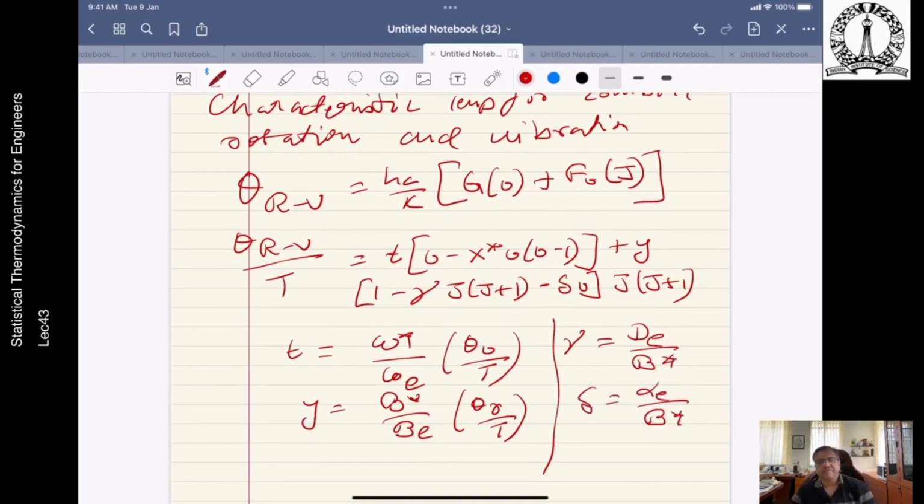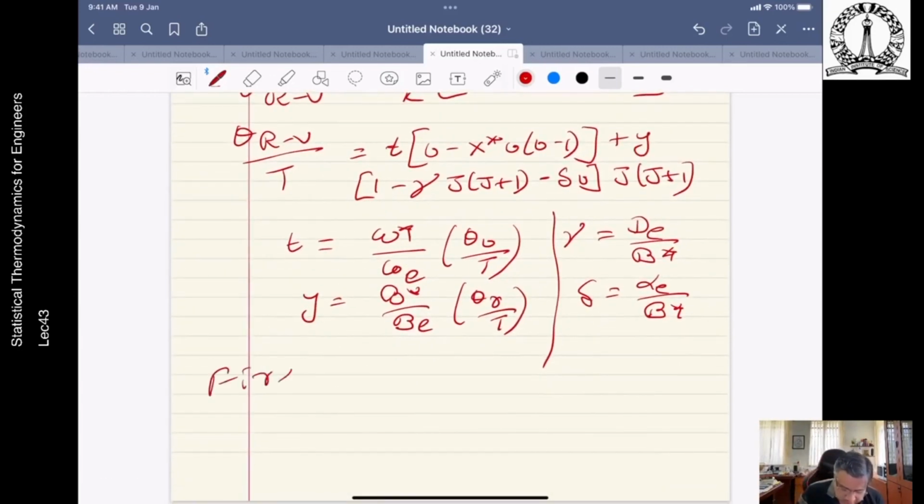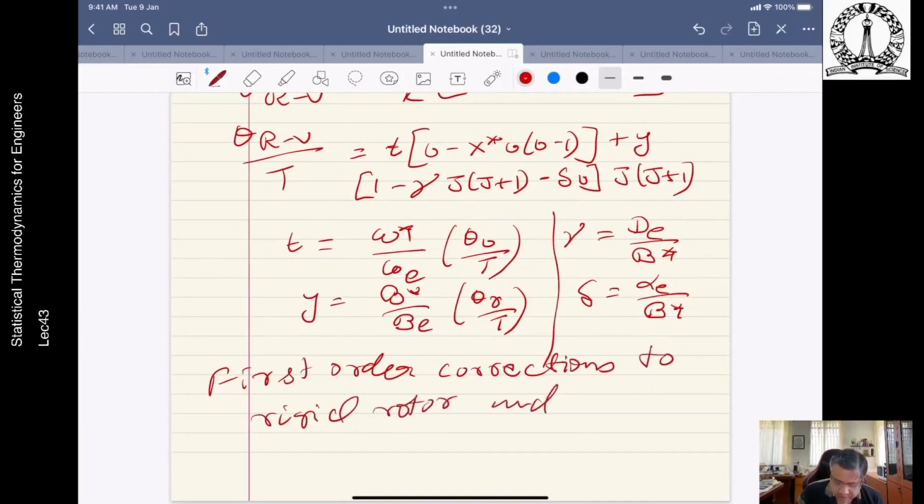Okay. So these equations that we found are basically first order corrections to the rigid rotor and harmonic oscillator model. As usual, omega E, XE, BE, alpha E, and DE are obtained from spectroscopic data.